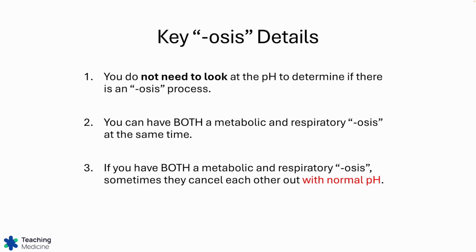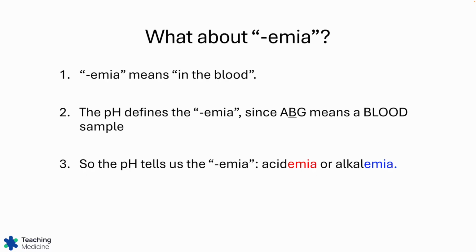And the reason why we're not going to look at the pH right away is because if you have a metabolic process that is the opposite to the respiratory process, if you had a metabolic acidosis and a respiratory alkalosis, they could cancel each other out and give you a normal pH. So I don't want you to be confused if you look at the pH and you see that it's normal. I don't want you to assume that everything else is normal. So we're always going to start looking at the osis process first.